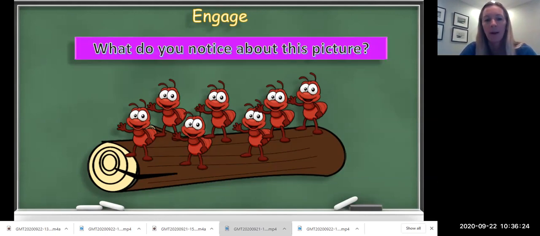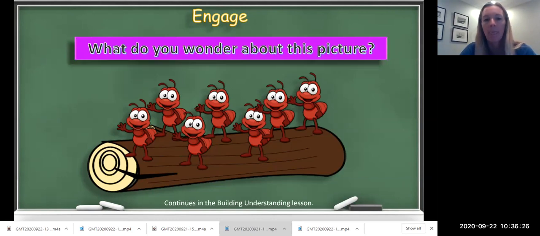So what did we notice about that picture? What are we wondering? So again, let's talk about those math terms. So what are we going to wonder, thinking of a math problem in here with the ants? So you guys can go ahead and pause me and think of some things that might be coming to the ants or ants might be leaving. So go ahead.